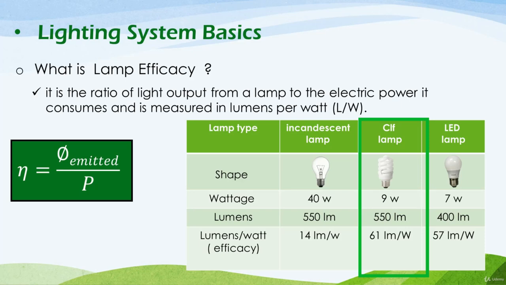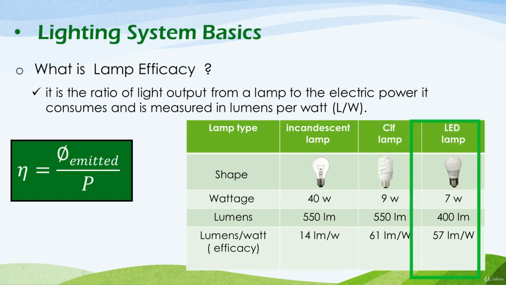So it's very obvious that the compact fluorescent lamp is more efficient, as its efficacy is larger than the incandescent lamp, as here it's 61. On the other hand, another LED lamp can consume only 7 watts, but it produces 400 lumens. So its efficacy at that condition is 75 lumens per watt. So what we want to say is that the higher the efficacy, the better the lamp.